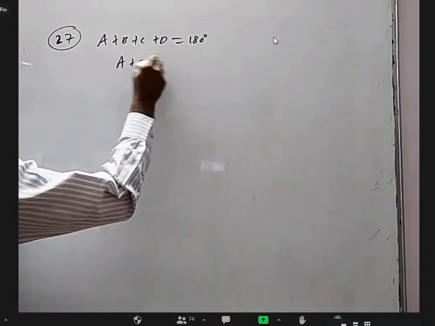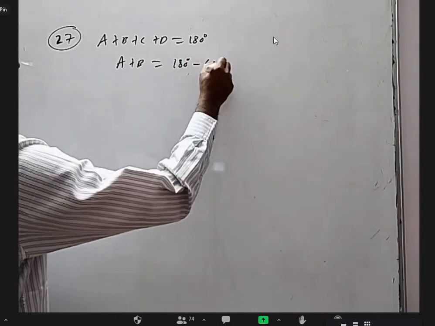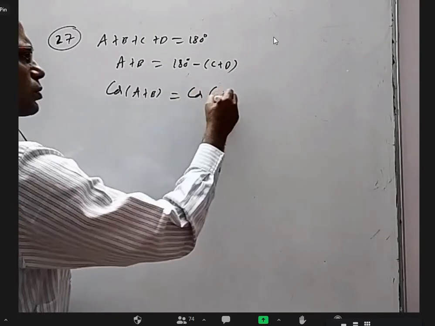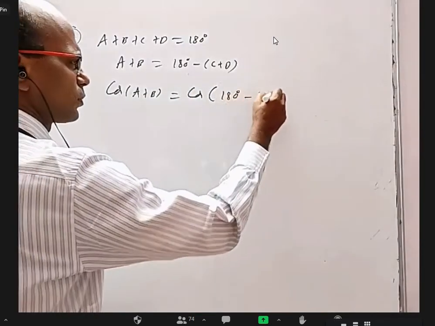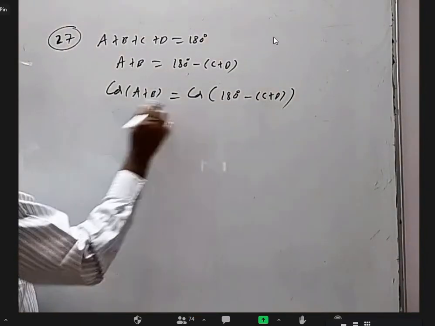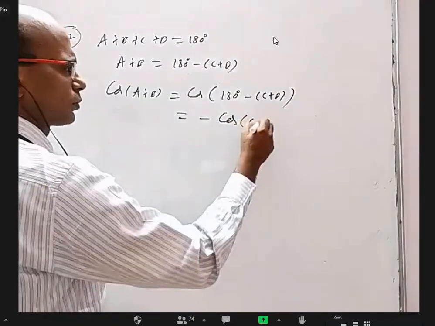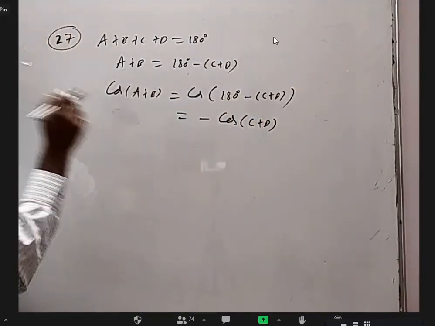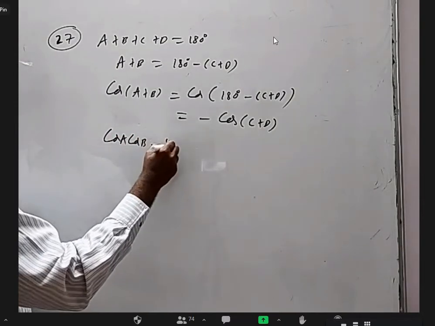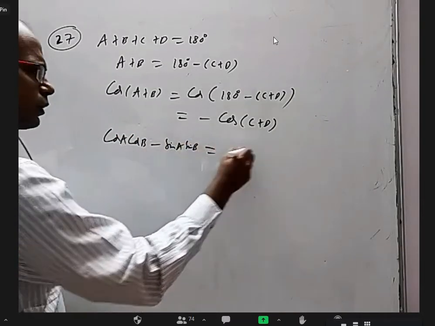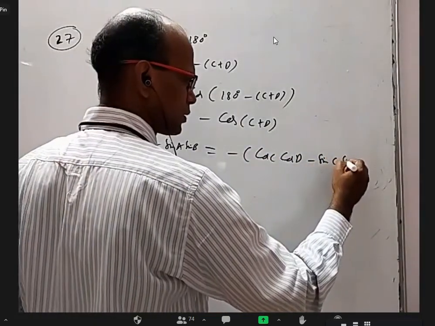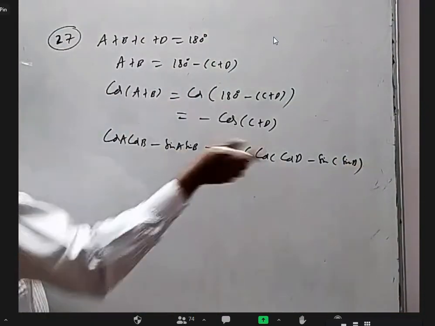So A plus B is equal to 180 degrees minus C plus D. If I apply cos, cos of A plus B is cos of 180 degrees minus C plus D. Cos of 180 minus something is minus cos, so minus cos of C plus D, since it is an even multiple of 90 so cos remains cos, and in the second quadrant cos is negative. So this is cos A cos B minus sin A sin B, and this is cos C cos D minus sin C sin D. Bring the cos terms to one side and the sin terms to the other side.